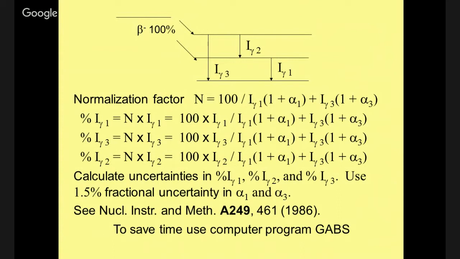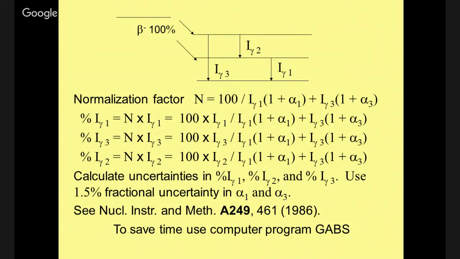I didn't talk about the programs today. Some time we'll talk about all the programs that are available. In this program, you flag the intensities that go to the ground state, and it will calculate the absolute intensities, provided you either give a feeding to the ground state or put 0.